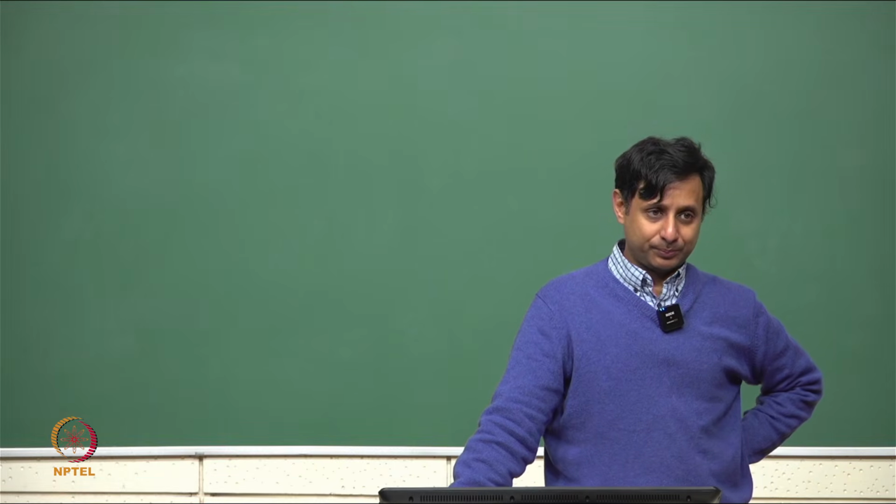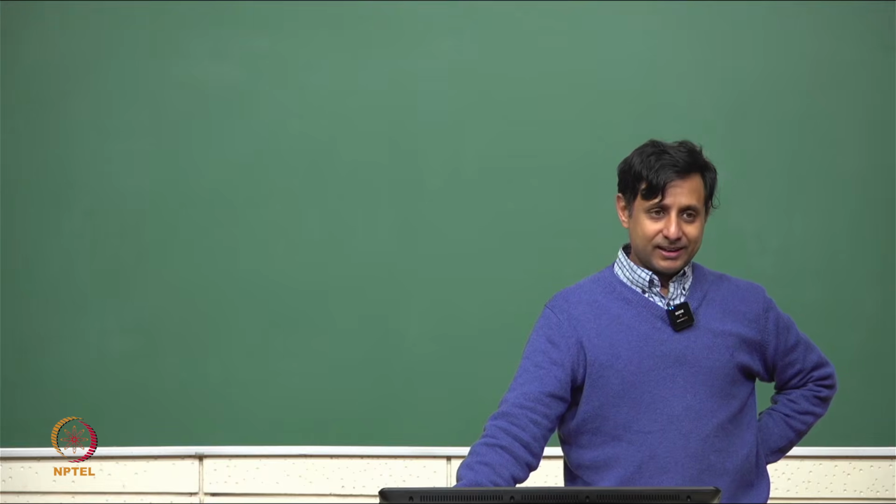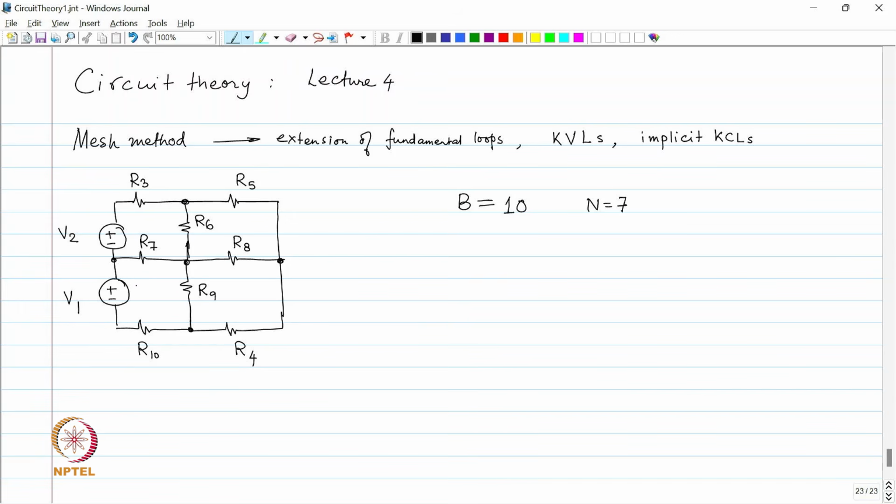One loop is this one, this is a second loop, this is a third loop, and this is a fourth loop. All right, they are there visually, they are already there, you can see them.